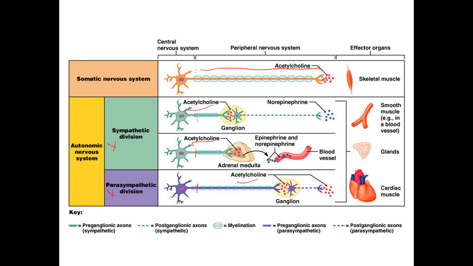Our postganglionic neuron can release either acetylcholine or norepinephrine. And like I said, we're going to talk about that a little bit more. We're first going to really talk about what the difference is between sympathetic and parasympathetic, and then talk about how they differ in their architecture, how they differ in their structure. And that's it for part 1.